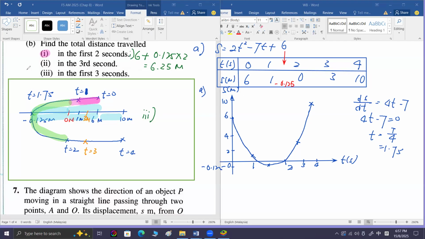So I still need to add another 3 meter, right? So for first 3, 6.25 that we have done just now, plus another 3 meter. So you get 9.25. Okay, until here so far, is it okay?